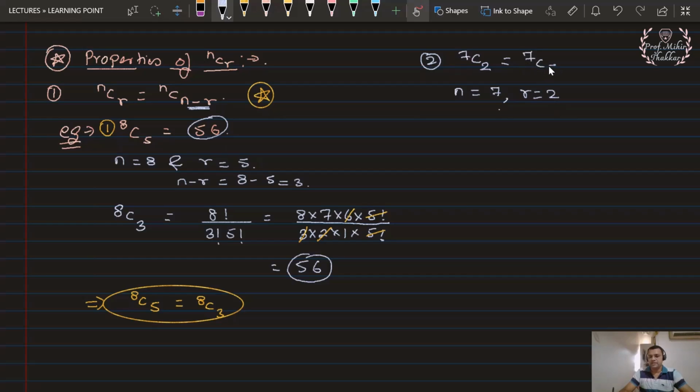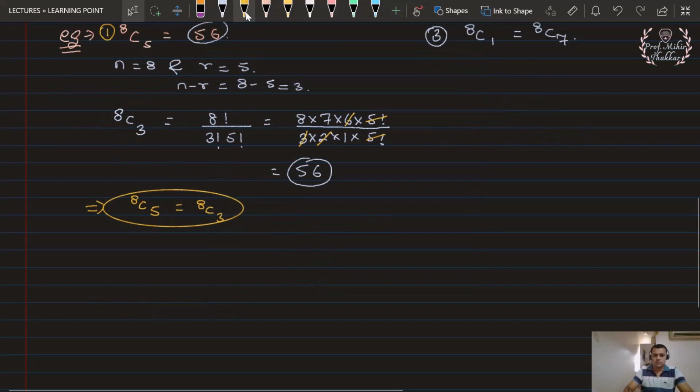So straight away I can say that 7C2 is exactly equal to 7C5. Example 3. Suppose if I find the value of 8C1. So looking at this, n is 8 and r is 1. So n minus r, that is 8 minus 1 is 7. So this will be exactly equal to 8C7. Okay, so let us see the property number 2.